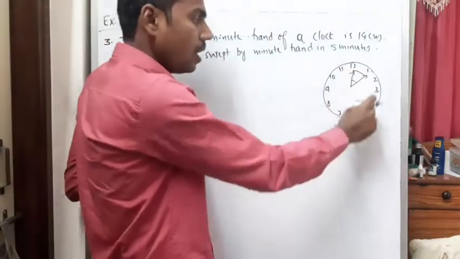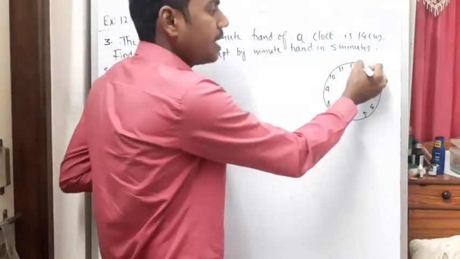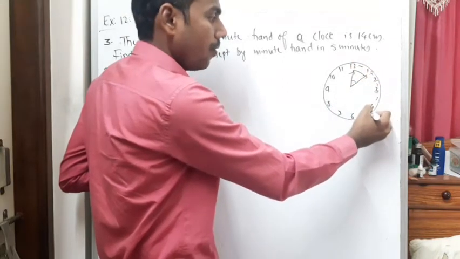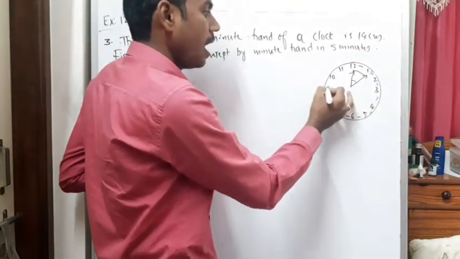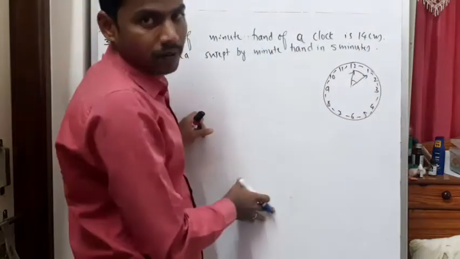See, the total angle is 360 degree. So, how many divisions are there? How many gaps are there? 1, 2, 3, 4, 5, 6, 7, 8, 9, 10, 11, 12. So it is divided into 12 equal segments.